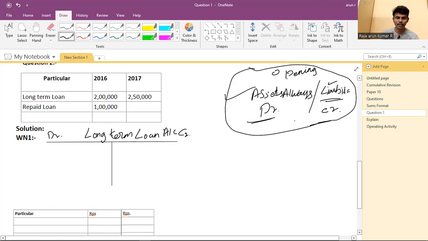The long-term loan is a liability; these are borrowings.